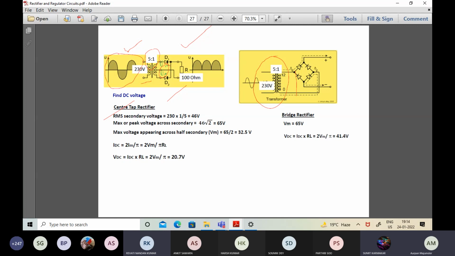So the entire secondary voltage is applicable to this Wheatstone bridge comprising diodes, which we have learned in the context of bridge rectifiers.